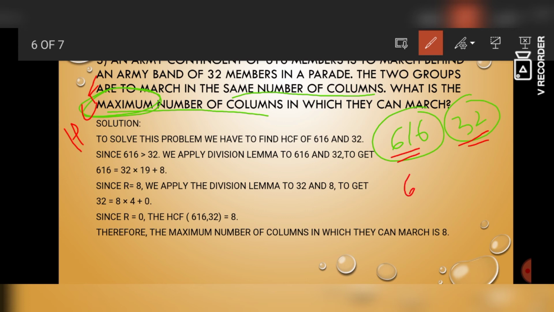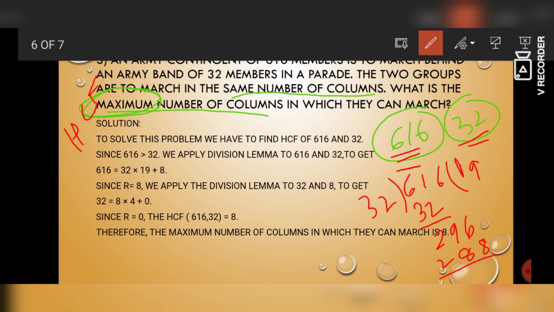So let us divide 616, since it is a big number, by 32. First we will use the two numbers and we will go one time. On subtracting, we will get 29 and this 6 will come from above. Now we will go 9 times and we will get 288.